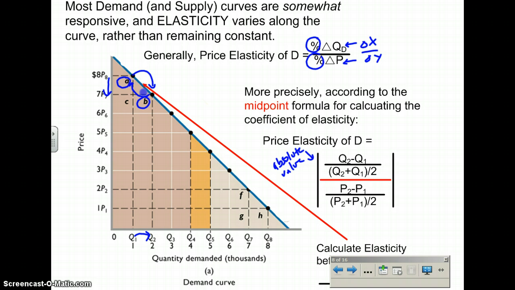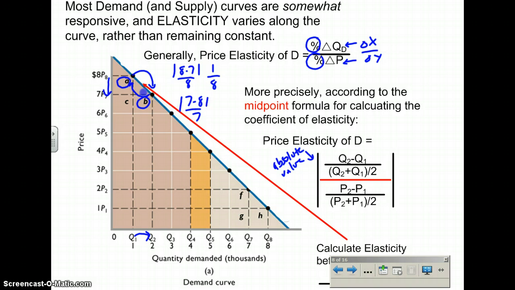And normally, when you're calculating percentage changes, the denominator is going to be the original point. So if we were moving from A to B and we were just going to look at what is the percentage change in price, we would say 8 minus 7 divided by 8. But if we were moving from B to A, we would say 7 minus 8 divided by 7. When we take absolute value, we would take care of the numerator, right?